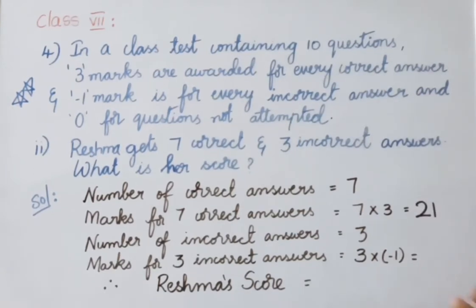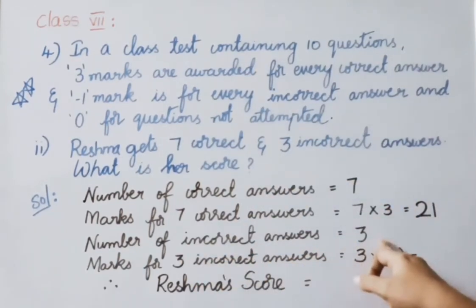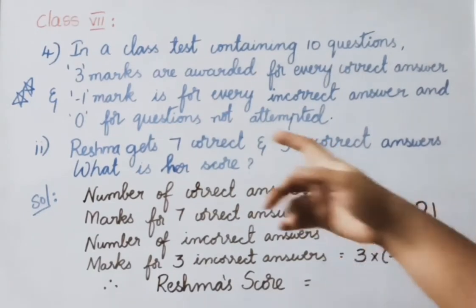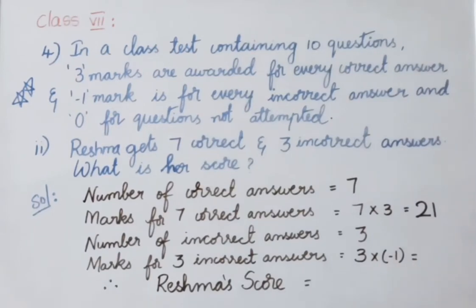How many incorrect answers she answered? 3. So the number of incorrect answers equals 3. So marks for 3 incorrect answers. For each incorrect answer, how many marks they allotted? Minus 1. So 3 into minus 1, how much it is? Minus 3. Therefore, Reshma's score equals 21 minus 3.